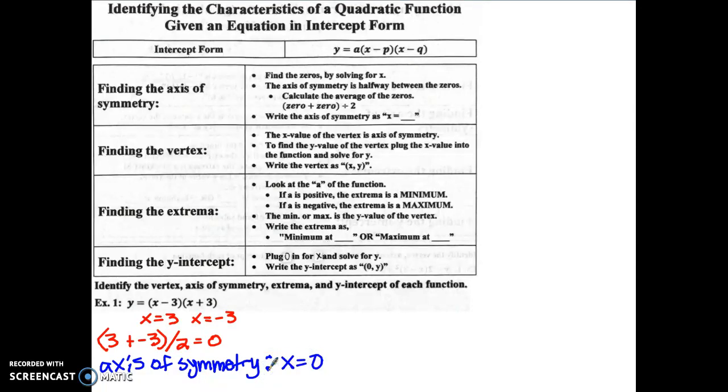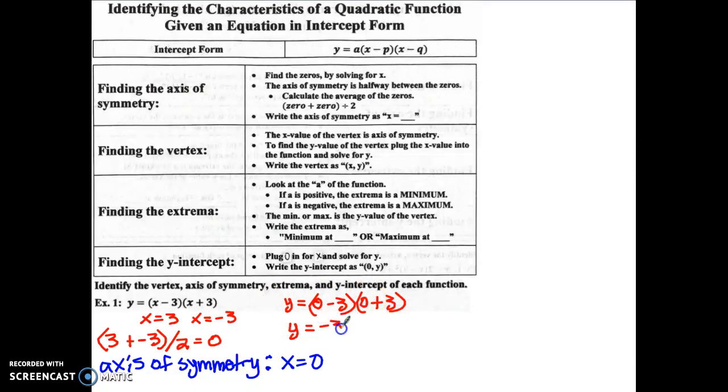Now we're going to go ahead and find our vertex. So the x value of the vertex is the axis of symmetry. Now to find the y value, we're going to plug this x value into the function and solve for y. All right, so that's going to be y equals (0 minus 3) times (0 plus 3).